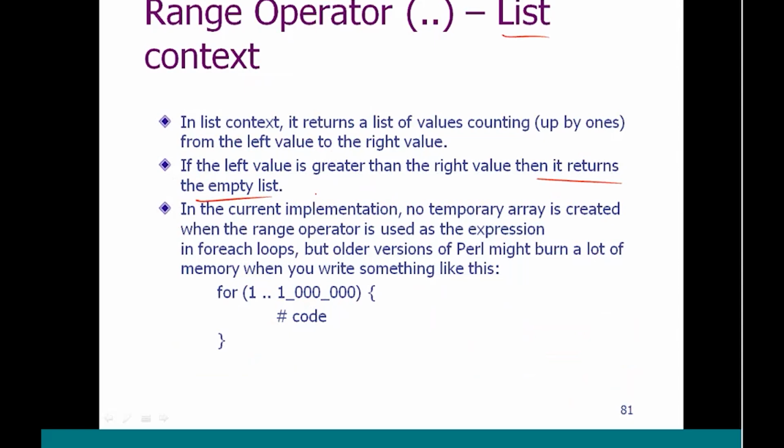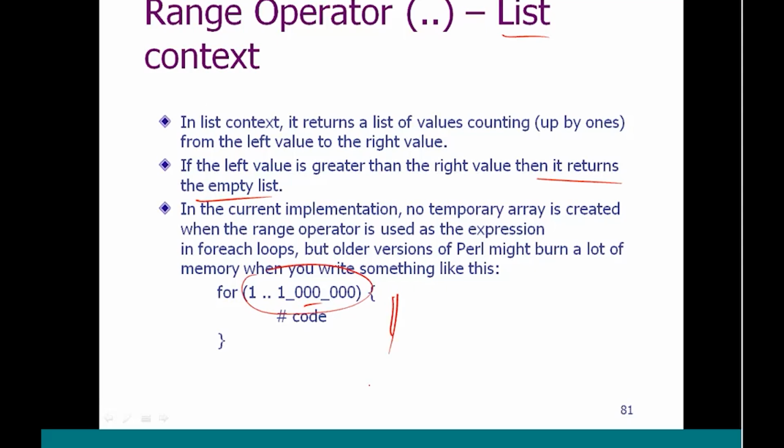But in the modern implementation, if you look at some of the older Perl books, you will see one caveat written in there, where if you use a number like 1 dot dot 1_000_000, then it can burn a lot of memory because it creates a temporary array for you.